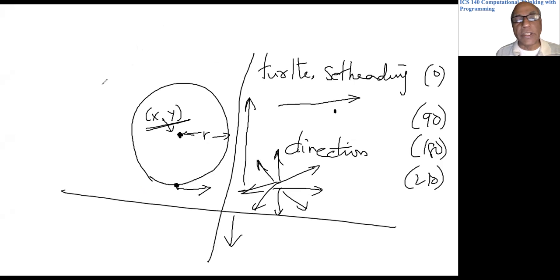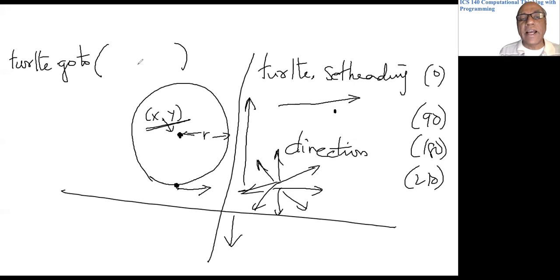to go to east. So it would be like saying turtle dot goto, and I have to have two values here, which I don't know yet. I will tell you what it is going to be in a minute.